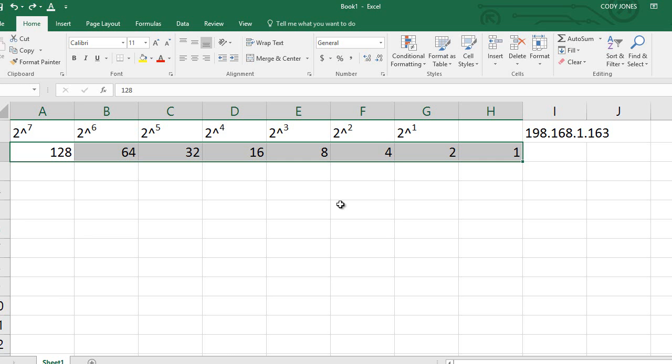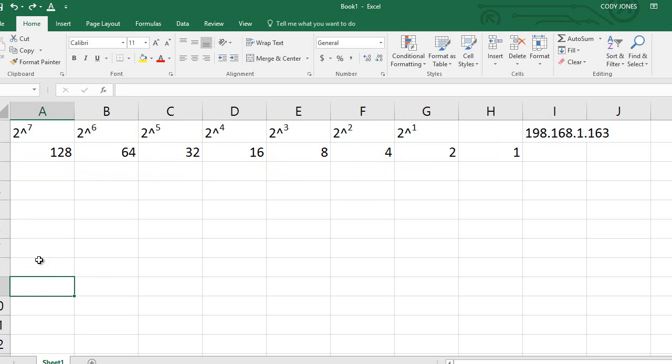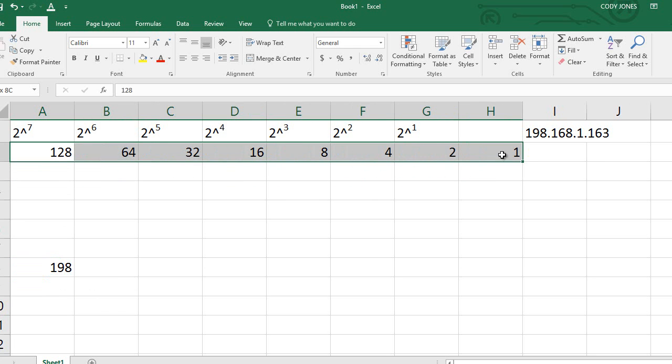So let's say we need to translate the 198 from our address into binary. What you're going to do is take this 198 and use this chart. Again, we're using just this area here. This is just kind of showing what we're doing. So that's the area we're using.